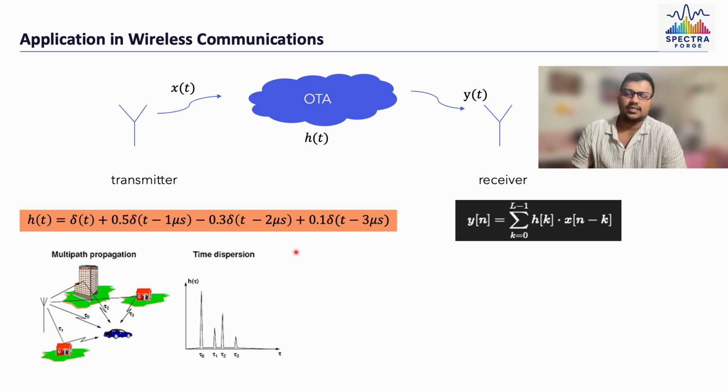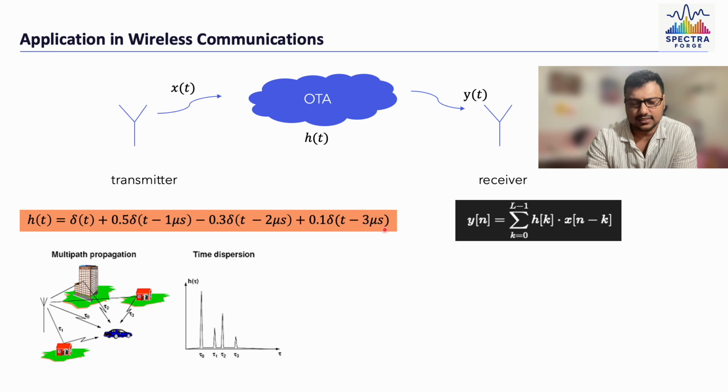So if we look at an example, since we have four taps here, or four delays from which the signal is arriving, let's take h of t as delta of t plus 0.5 delta of t minus 1, minus 0.3 times delta of t minus 2, plus 0.1 delta of t minus 3.